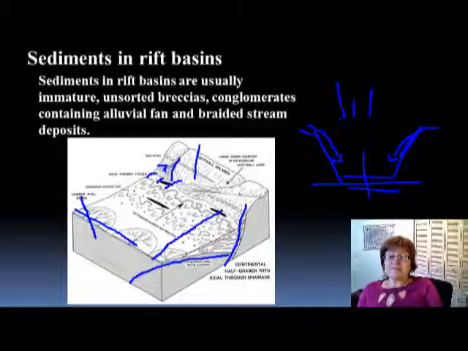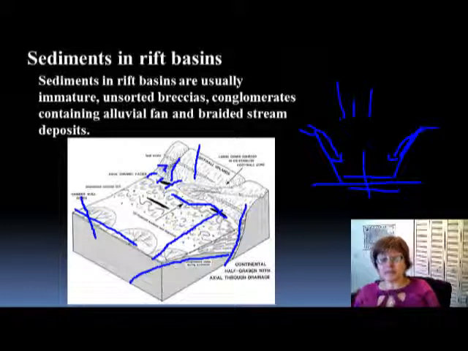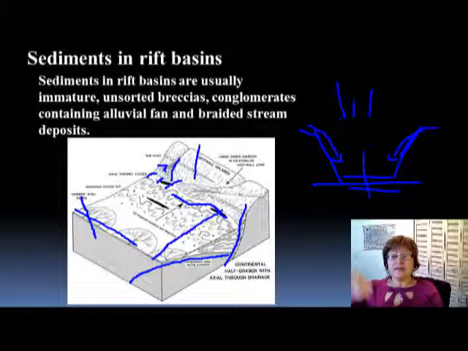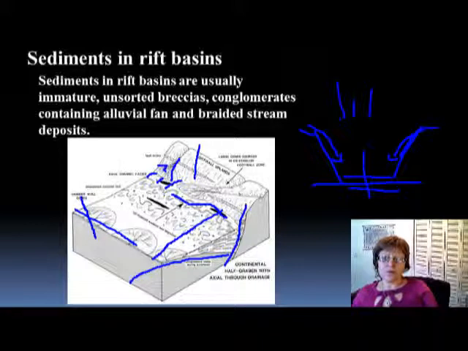You might have some typical cross-bedded sand dunes if it's arid. And you also will have salt, like gypsum, anhydrite, salt, typical from when the lake dries up. All those deposits are very characteristic. So this is what you got in a typical rift basin.